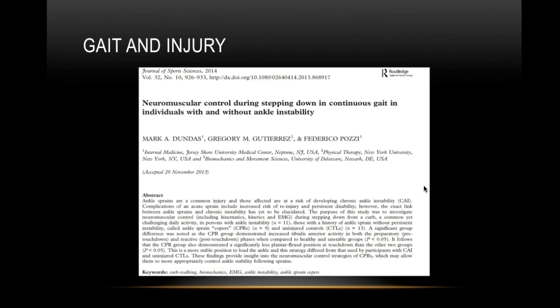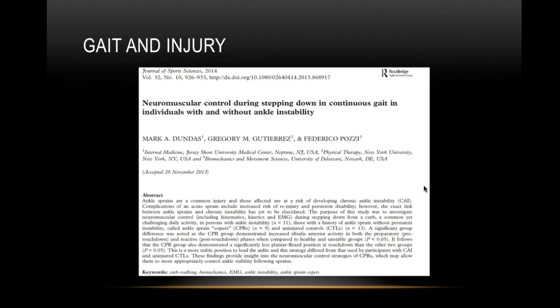What was interesting about this study was the authors measured kinematics, kinetics, and EMG, and all of that was described as neuromuscular control. They studied this in patients with chronic ankle instability. They also had a group that had a previous ankle injury but did not have ankle instability, and they also tested a group that had never injured their ankles.